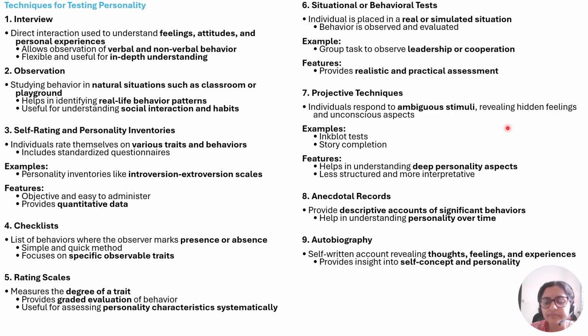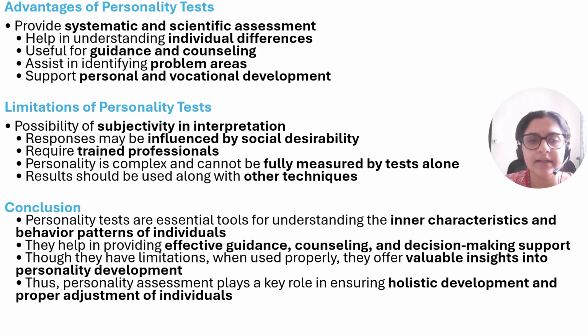Okay. These ambiguous stimuli will reveal hidden feelings and other unconscious aspects. Okay, some examples are inkblot tests and story completion, and then anecdotal records and autobiographies. So all these are techniques for testing personality.